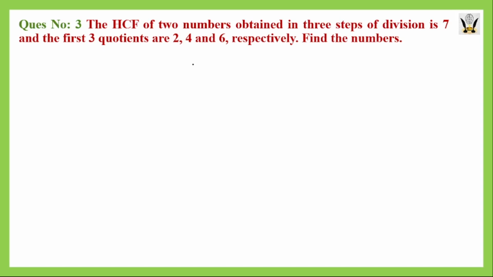Now if we assume that the numbers are A1 and D1, and A1 is the highest number and D1 is the lowest number, A1 is greater than D1. So we divide A1 by D1, and we will have some quotient, say Q1, so this will be D1 Q1.